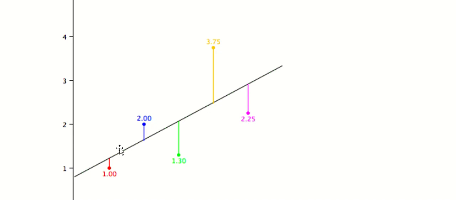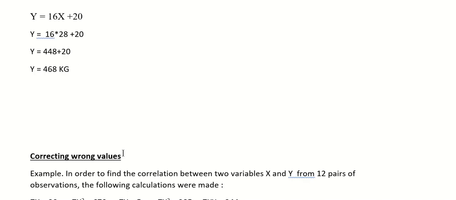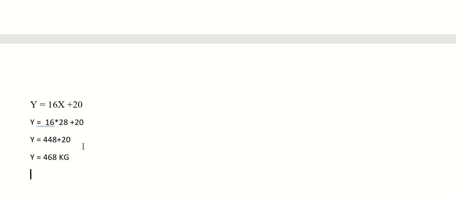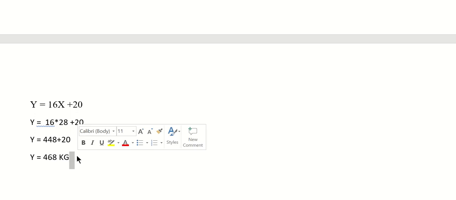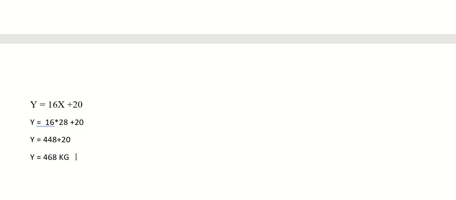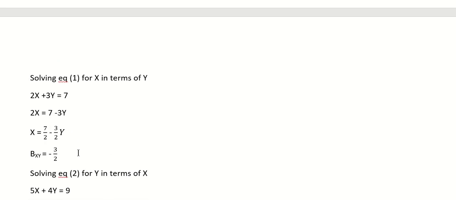So the difference between actual values and predicted values is called standard error. Like the 468 which we calculated here may be the predicted value, but the actual value may be 469. So there may be a variation between predicted and actual. The difference between predicted value and actual value is called standard error.